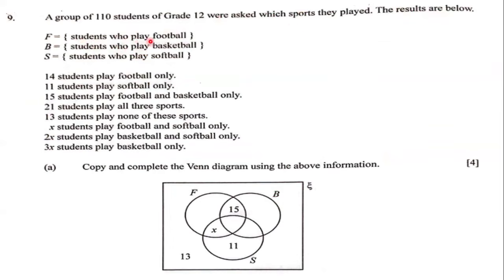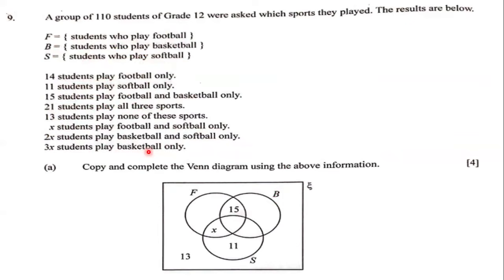F is the students who play football, B is the students who play basketball, and S is the students who play softball. 14 students play football only, 11 students play softball only, 15 students play football and basketball only, 21 students play all three sports, 13 students play none of these sports, X students play football and softball only, 2X students play basketball and softball only, 3X students play basketball only.